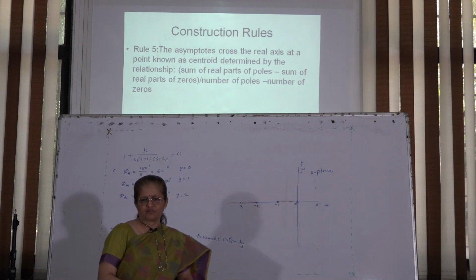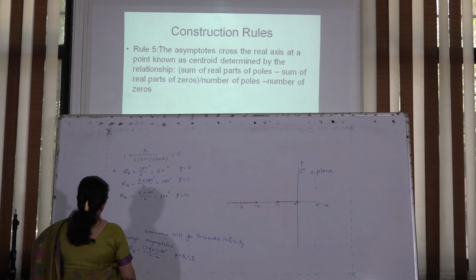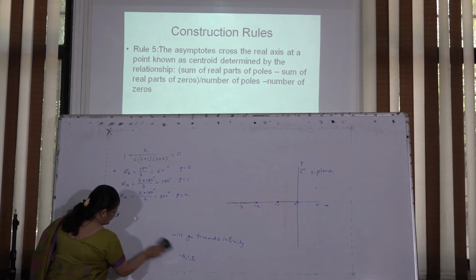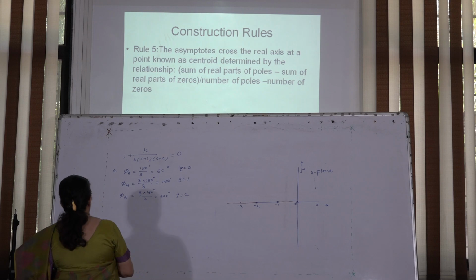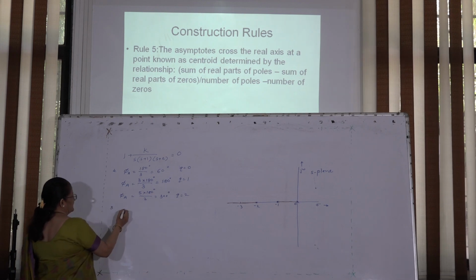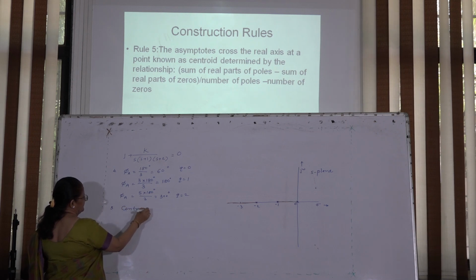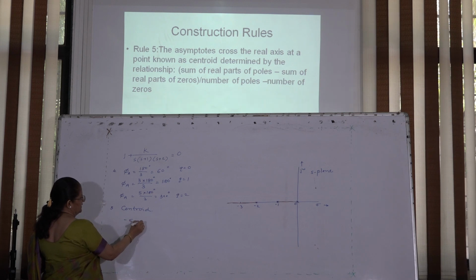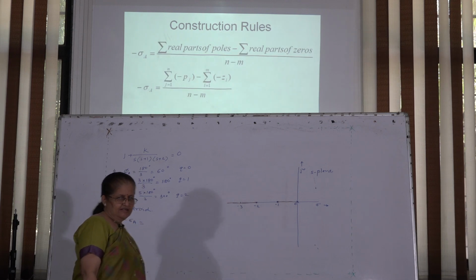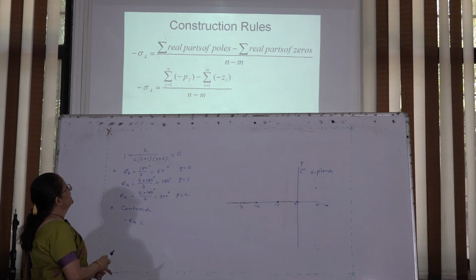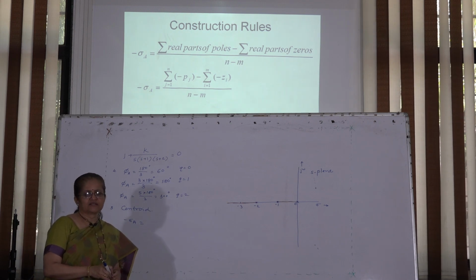Next rule is to find out the centroid. So, how to find out the centroid for this particular example? So, step number 5, centroid. Minus sigma A is equal to, what is the formula we have seen? The formula is summation of real parts of poles minus summation of real parts of zeros upon n minus m.